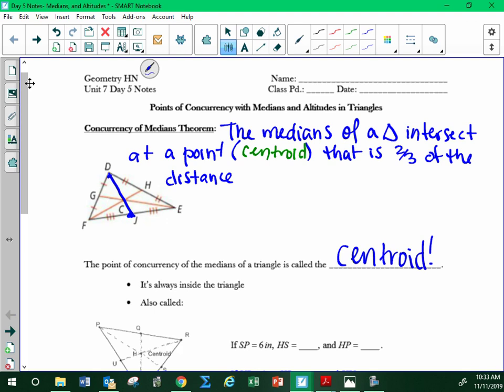The medians of a triangle intersect at a point called their centroid that is 2/3 of the distance from each vertex to the midpoint of the opposite side.